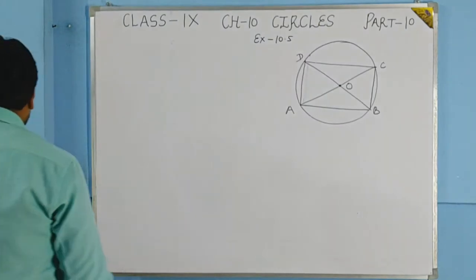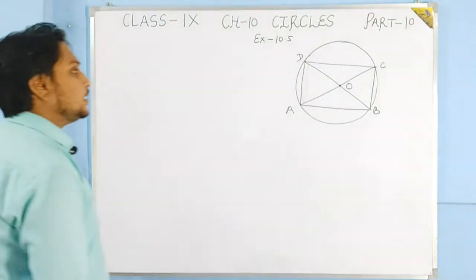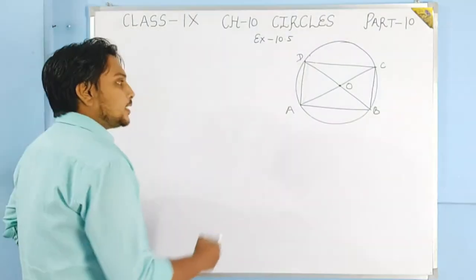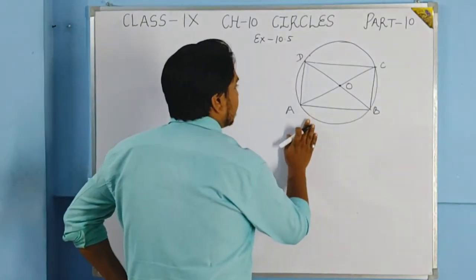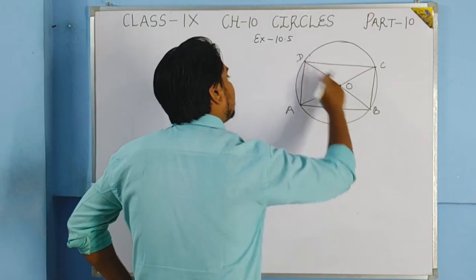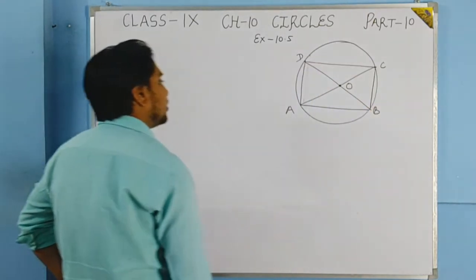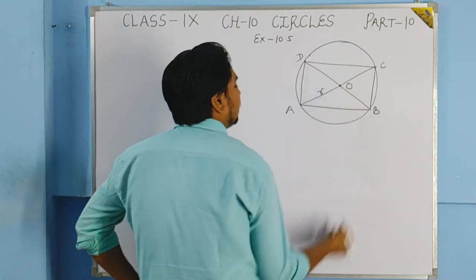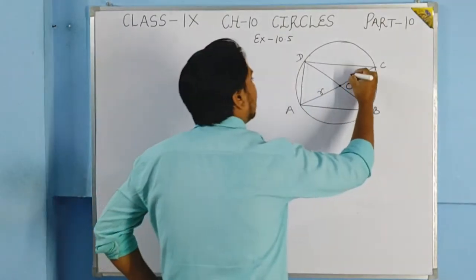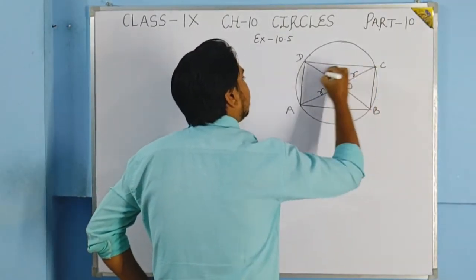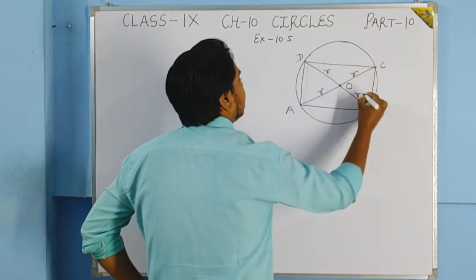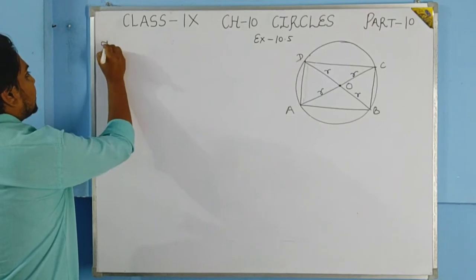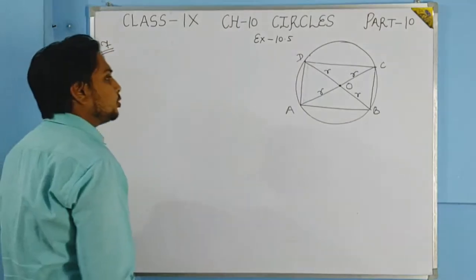We have to show that this ABCD is a rectangle. So students, if the diagonals of the quadrilateral are diameters of the circle, let us suppose that the radius of the circle is R. So this will be R, this will be R, this will be R, and this will be R. So let us see how we will show it.